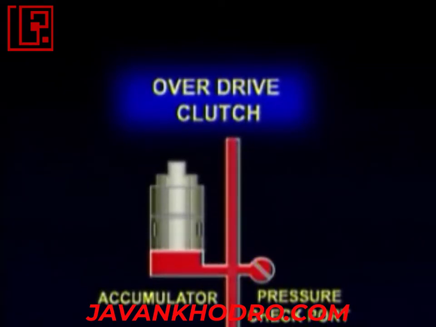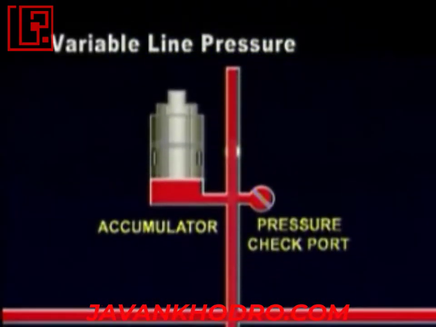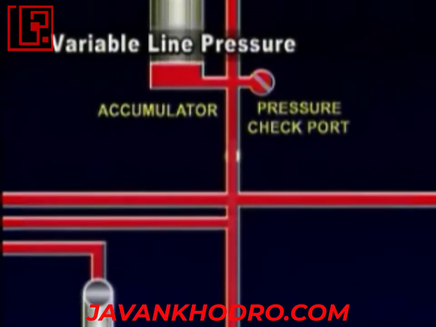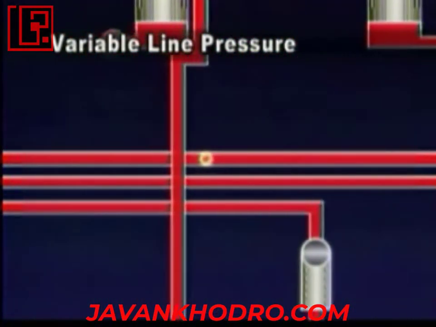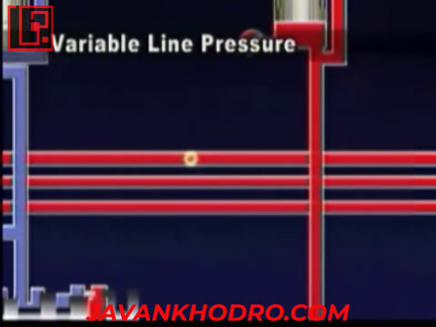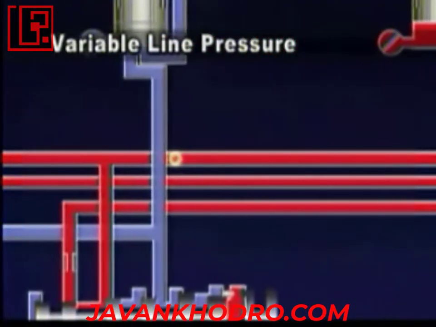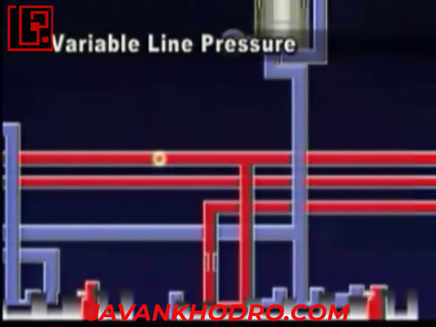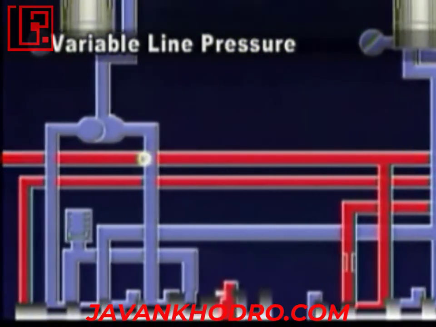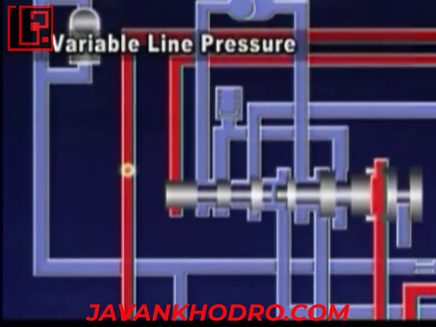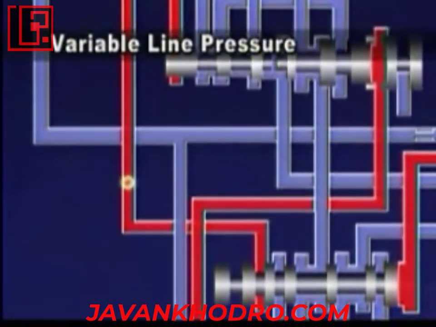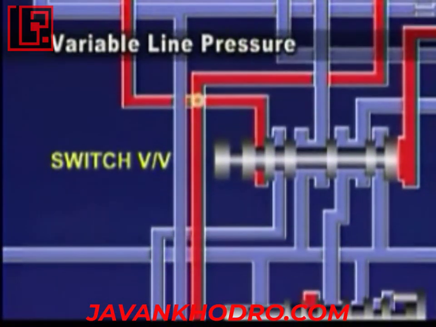As shown in the figure, flow path of overdrive clutch is connected with the left oil pressure chamber of switch valve. As the switch valve moves, the flow path of regulator valve changes too, allowing the variable line pressure.